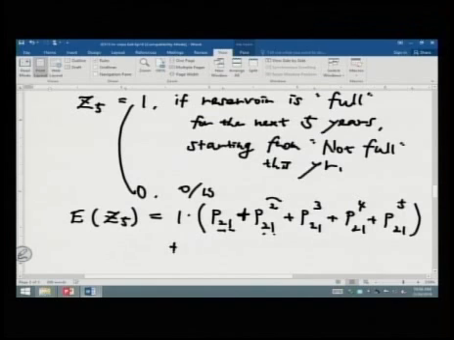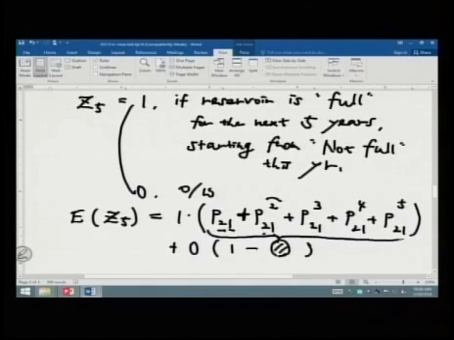And then 0 times 1 minus all of this. Does that make sense? That's how you can get the expected value of this variable G sub 5.